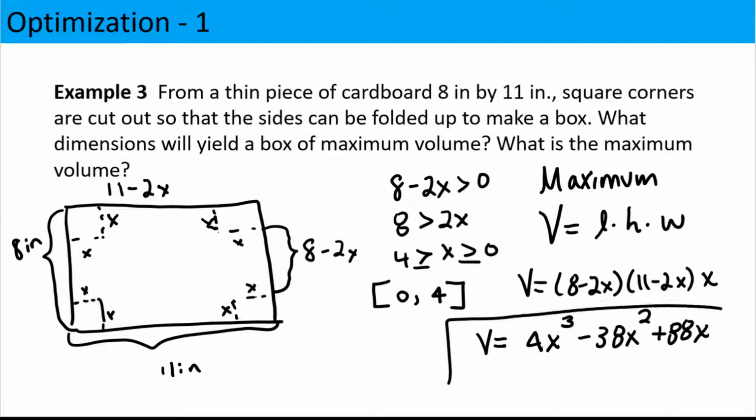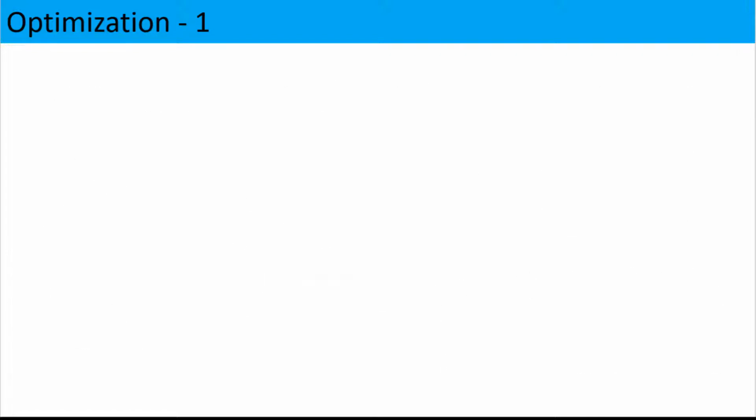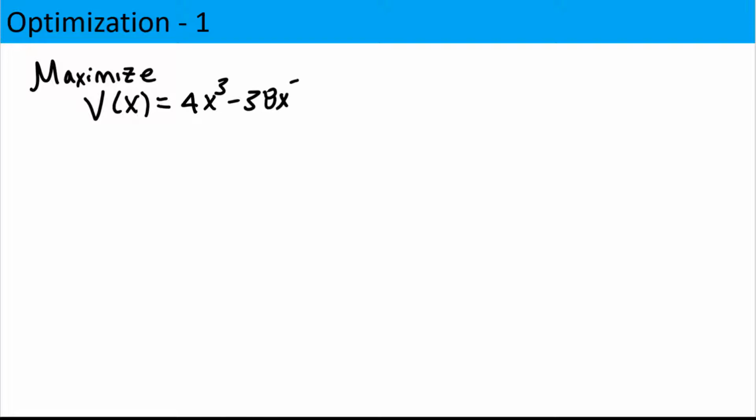So we have our objective function, and now we are ready to maximize V(x) equals 4x cubed minus 38x squared plus 88x, remembering that x has to be between 0 and 4. We begin this by looking for critical values.